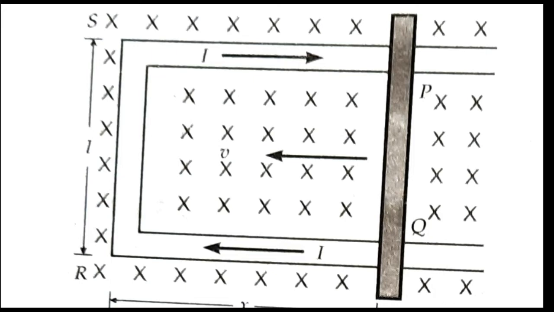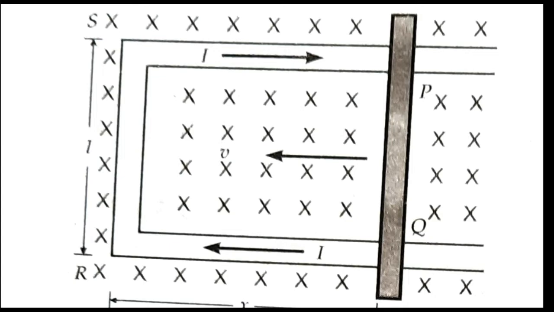As I stated, the expression for motional EMF is epsilon equal to BLV, where B is the magnetic field, L is the length of the conductor, and V is the speed with which the conductor is moved.